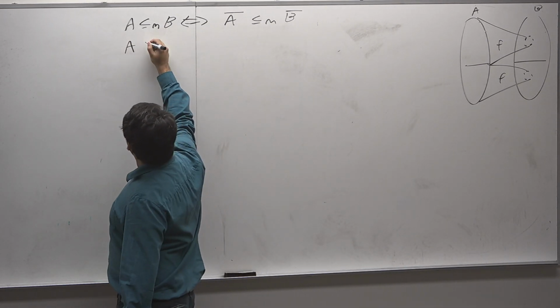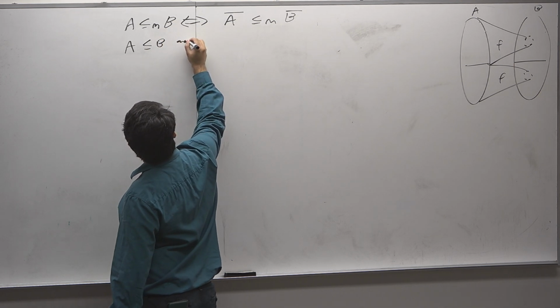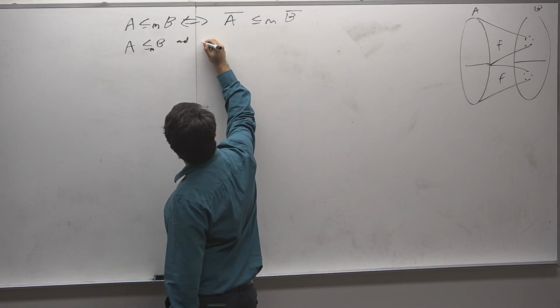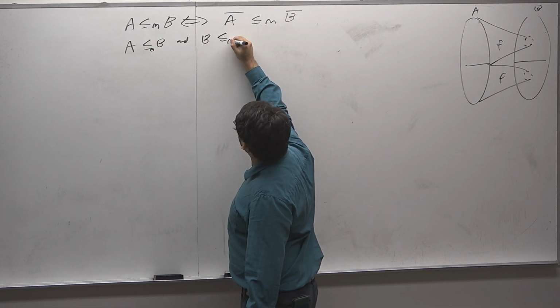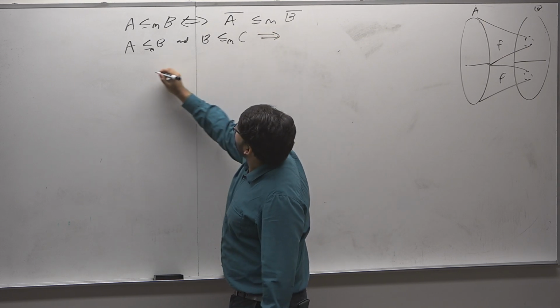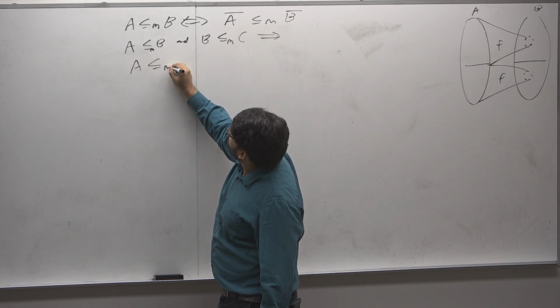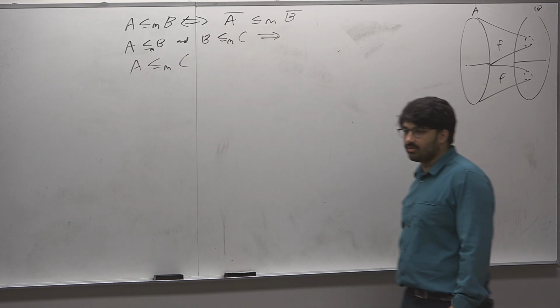If A is mapping reducible to B, and B is mapping reducible to C, that implies that A is mapping reducible to C. Why is such a relation transitive?